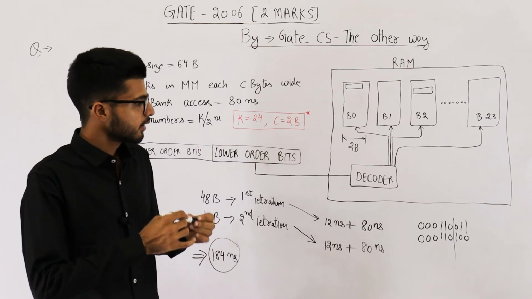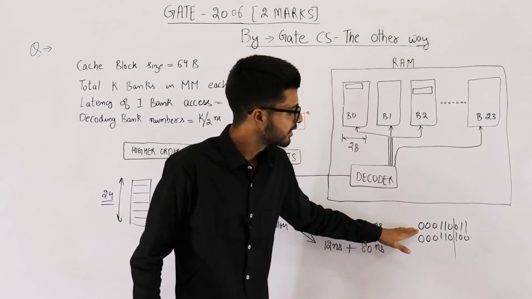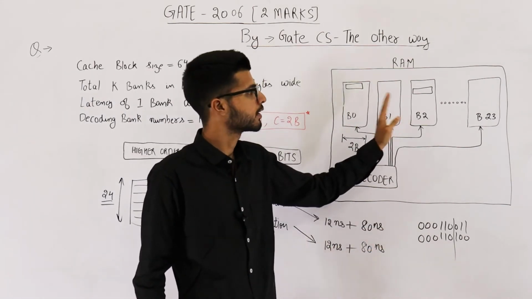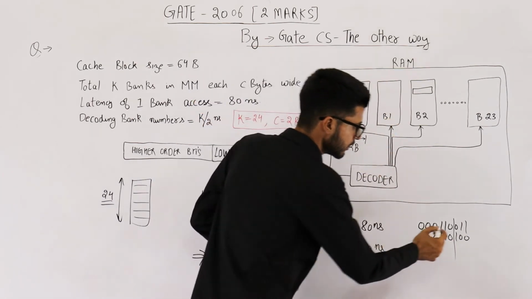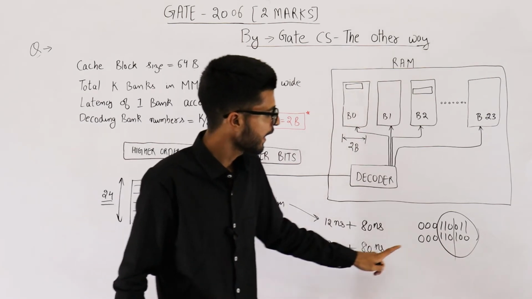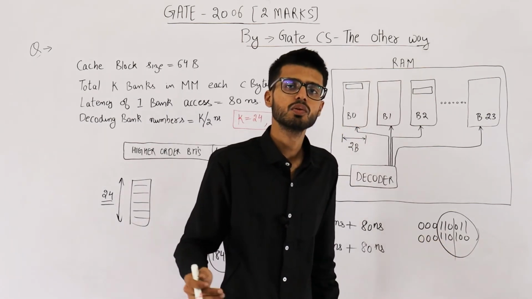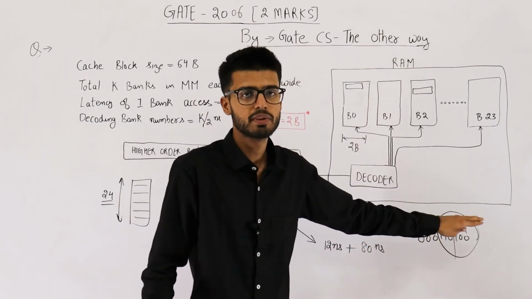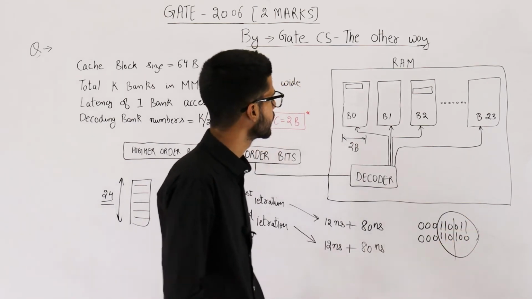Okay. Also, we want to place these two addresses in different banks. That means some n bits, we cannot say how many, would give you the bank number, the last n bits.